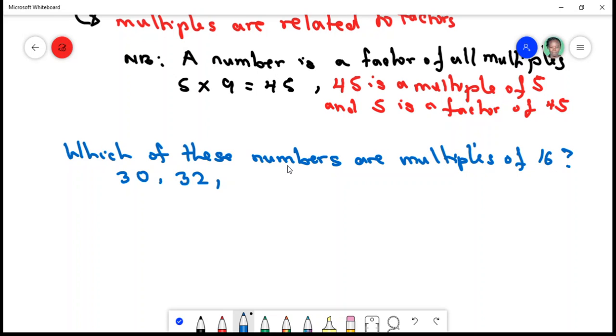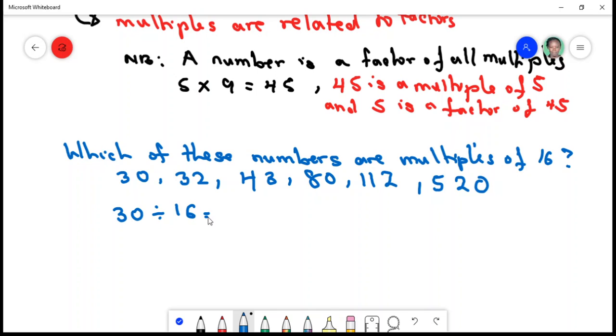I have 30, 32, 43, 80, 102, and 520. I want to check which of these numbers are multiples of 16. For it to be a multiple of 16, it should divide our number exactly.